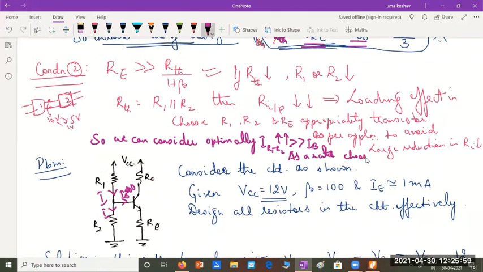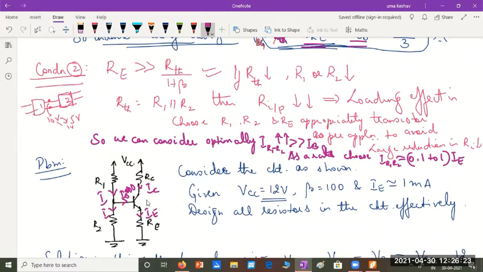And as a rule, choose the current I through R1, R2 to range between 0.1 to 1 times the emitter current or the collector current. See, in this also we'll normally consider IC and IE as almost the same. Yes or no?